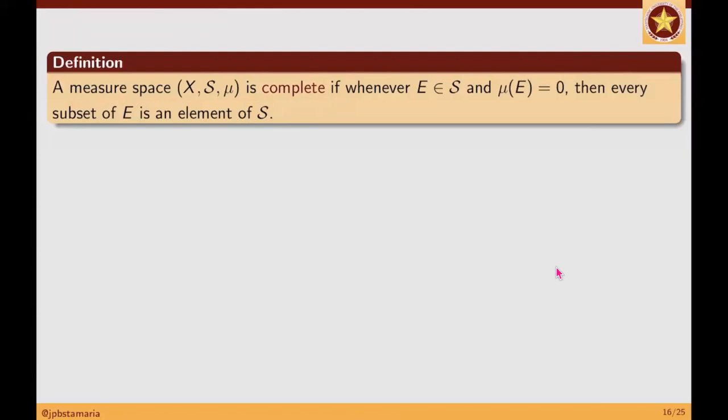So a measure space is complete if whenever a set E is measurable and has measure 0, then every subset of E is also measurable, or is an element of S. Pag ang set mo measurable at ang measure niya ay 0, dapat lahat ng subset nun ay measurable din.